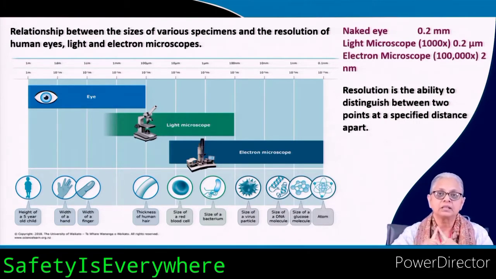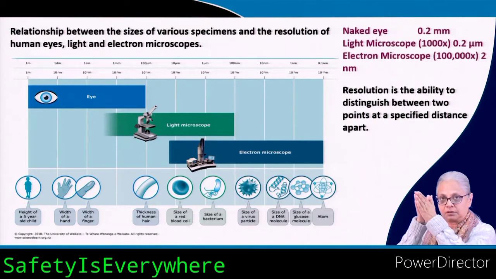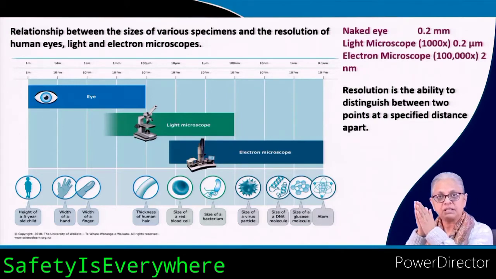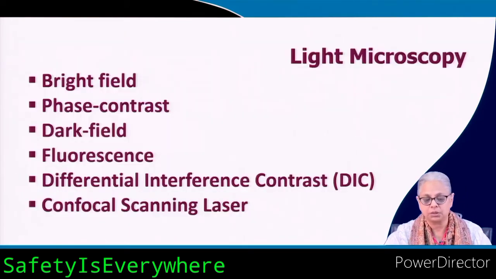So resolution is the ability of our eye to distinguish between 2 points. I can't show it to you, but if they're too close, then it's very difficult to see that there is a small distance, right? That is basically what resolution is all about.